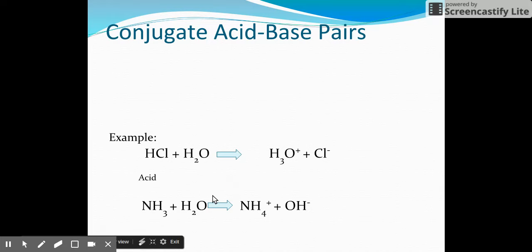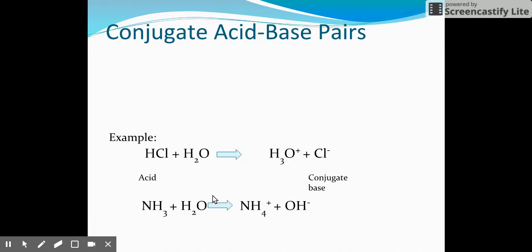So when you look at what HCl becomes on the right side, it becomes Cl-, so that means it donated or gave up or lost a hydrogen ion. The thing that it becomes on the other side of the arrow is called a conjugate base. So the other side of the arrow is its conjugate, and it's going to be the opposite of an acid, which is a base.